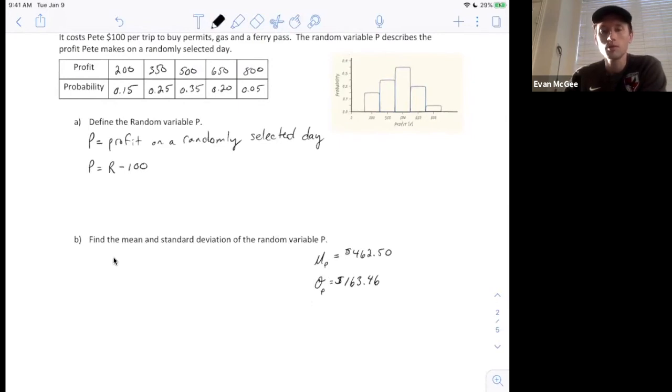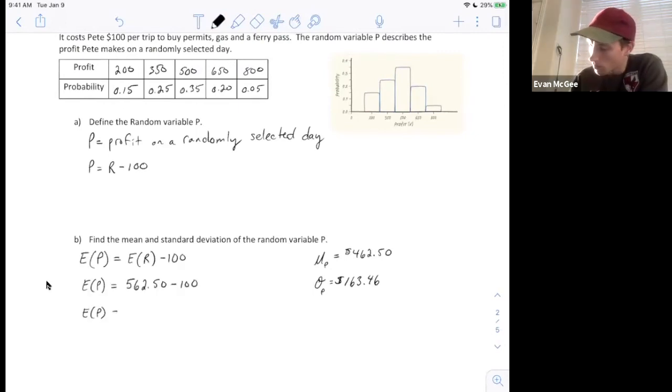Now I'll work it out by hand real quickly, and this is the way I prefer you to do it in class. Instead of using mu, because the other symbol for the mean is the expected value, the expected value of the profit is the expected value of revenue minus 100. I subtracted 100 and I get the expected value to be 462.50.